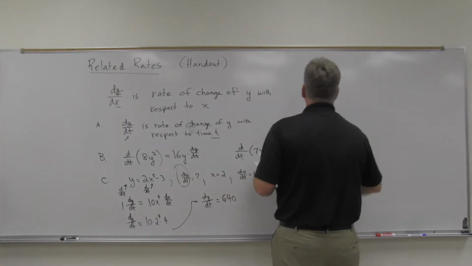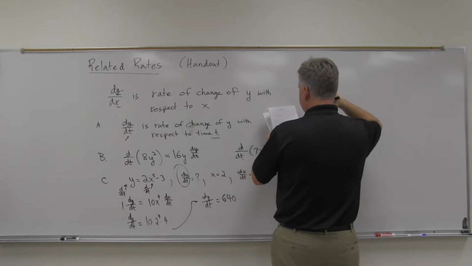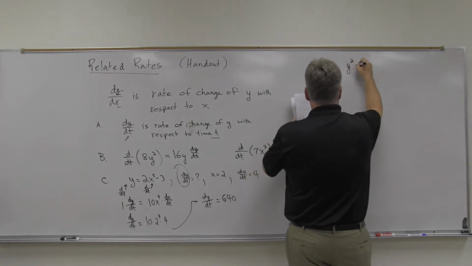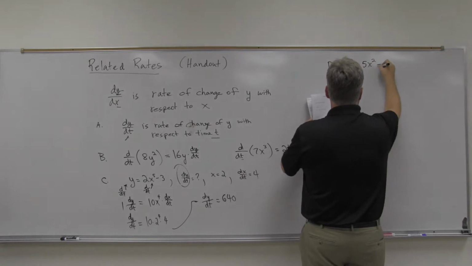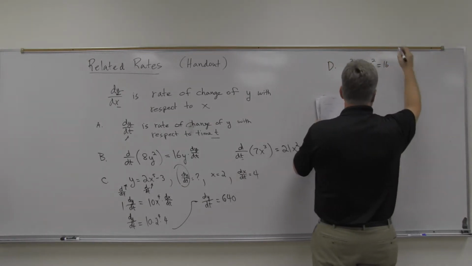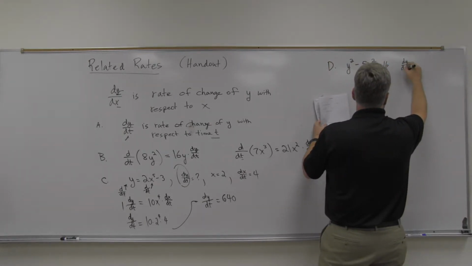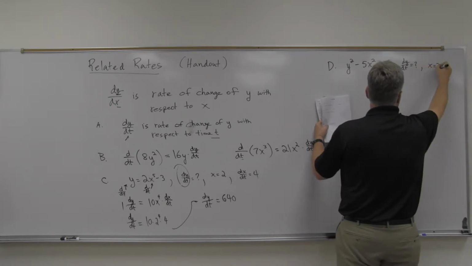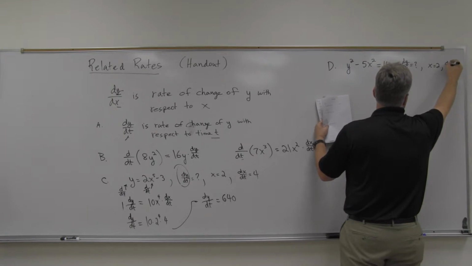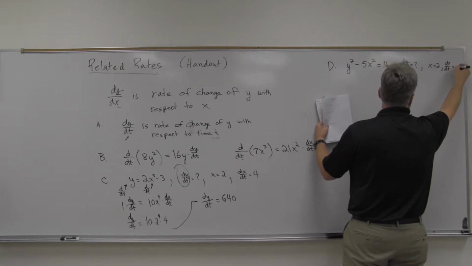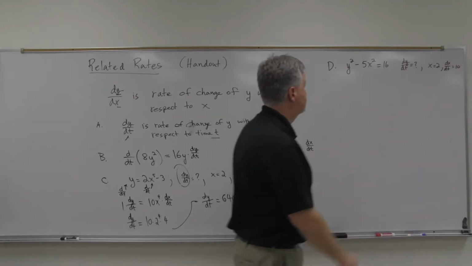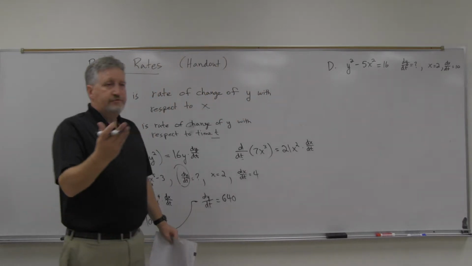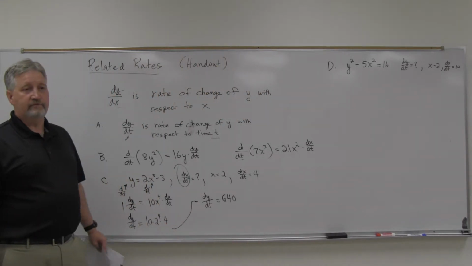So D on this first handout anyway is y squared minus 5x squared equals 16. So again, same deal. dy over dt is what if x is 2 and dx over dt is 10. Sort of a similar problem.